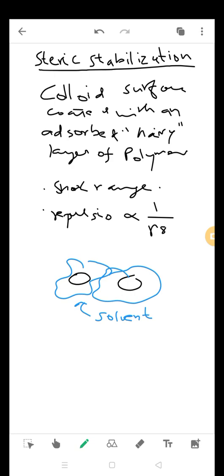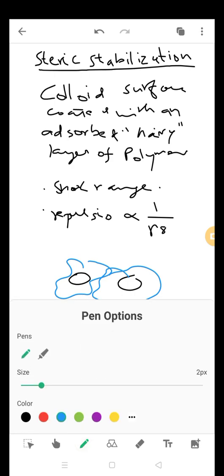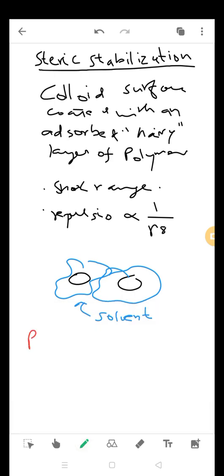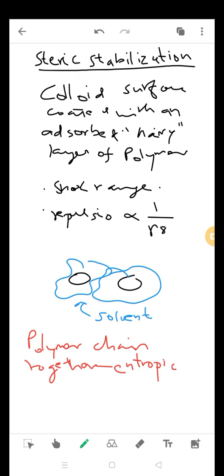The reason this repulsion occurs is that polymer chains together have very high entropy, so it is entropically unfavorable.